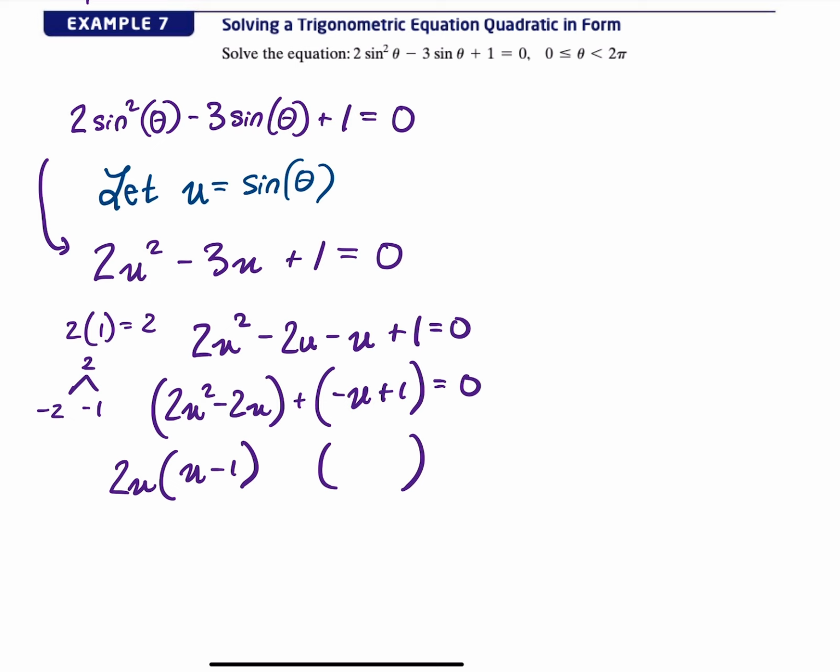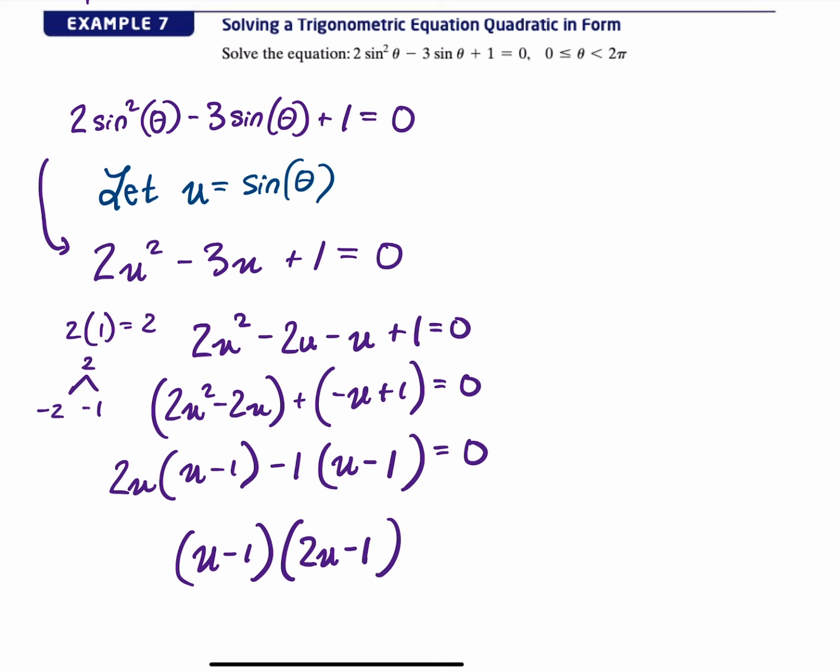So here I have negative u plus 1. So if I factor out a negative 1, that will turn this into positive u minus 1. Then we have this common factor of u minus 1. So that gets factored out of this total expression, and we end up with our common factor of u minus 1 times our second factor would be these two coefficients, 2u minus 1.